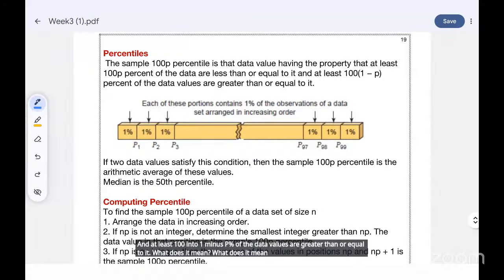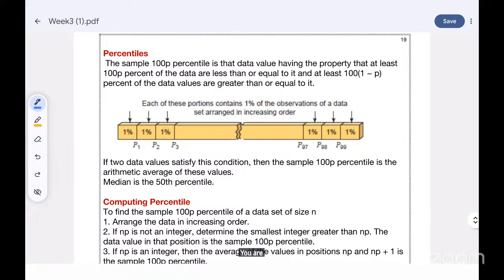The easiest to understand is the 50th percentile. You are at least less than or equal to 50% of the people, and you are greater than 50% of the people. It's exactly in the middle, right?